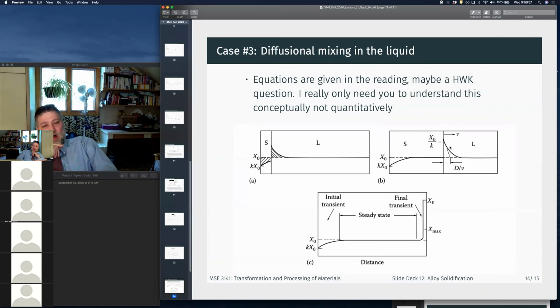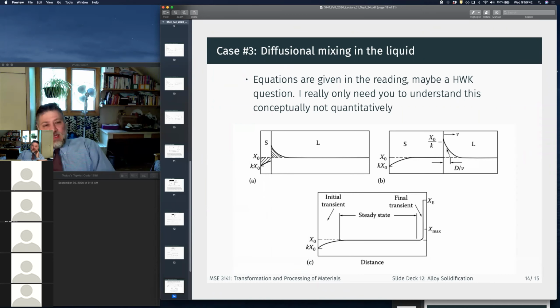And we move along until we reach the end where there's essentially no more room, when the remaining length of our bar is less than the width of this pileup region, right? Then we get a sharp transient increase and freeze out at our eutectic composition, right?